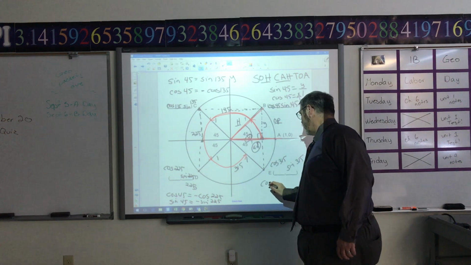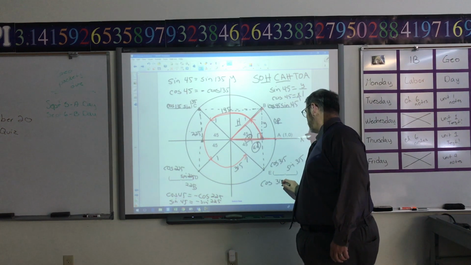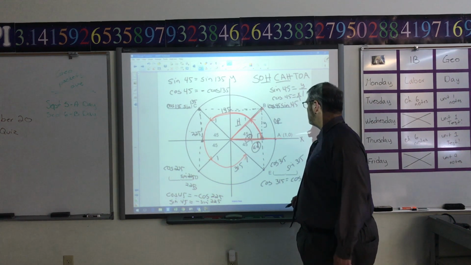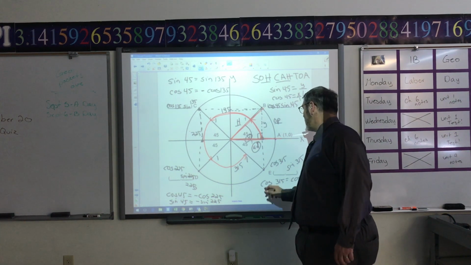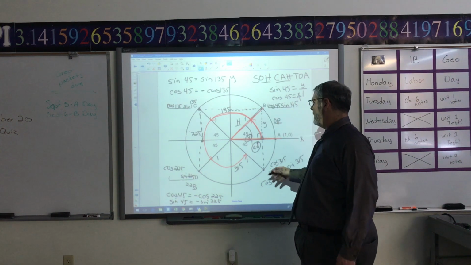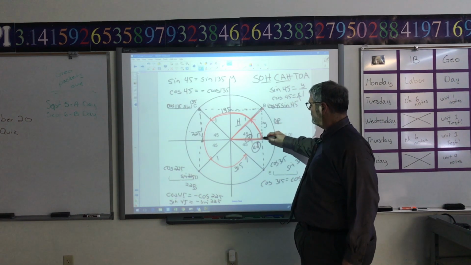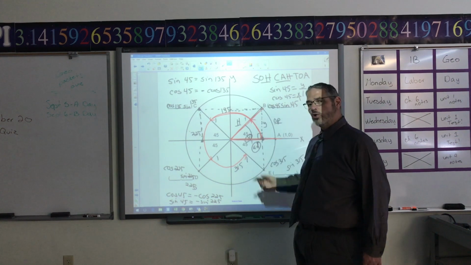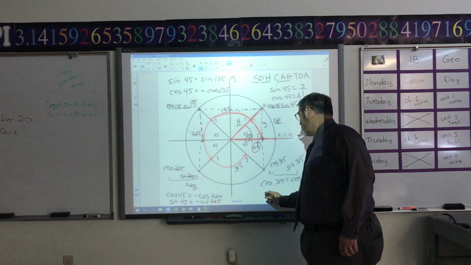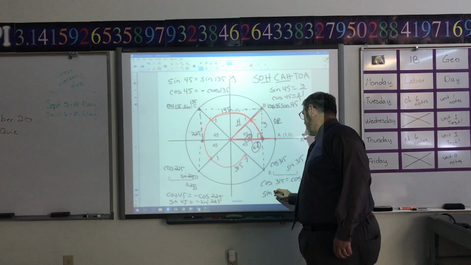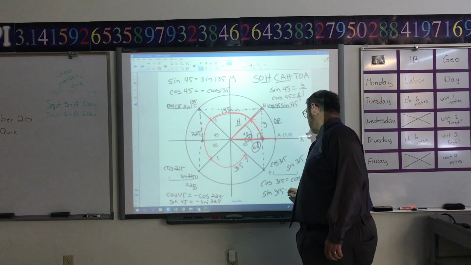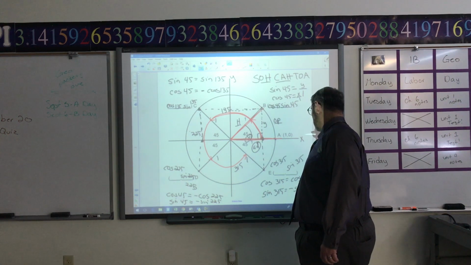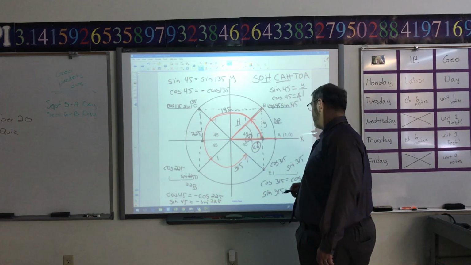So the cosine of 315 is equal to the cosine of 45. Now the sine is the same thing, only the same distance from here to B as it is from here to here, only in the negative direction. So the sine of 315 is equal to the negative of the sine of 45.